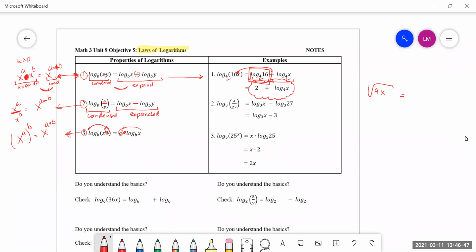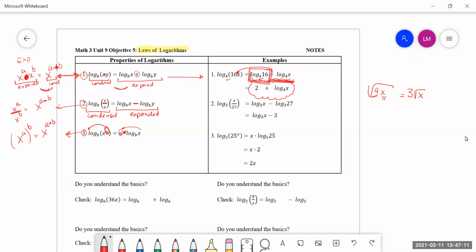Well, I can't take the x out because there's not enough, but I can take the square root of 9, which is 3 root x. So you can evaluate the square root of 9, but you cannot evaluate the square root of x, right? Same thing here. I can evaluate the log base 4 of 16, but I cannot evaluate log base 4 of x. So it has to stay there.